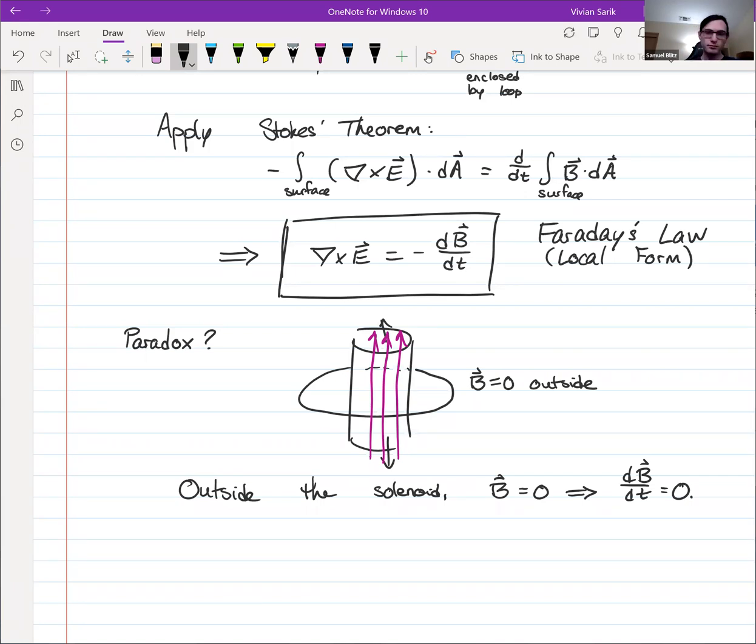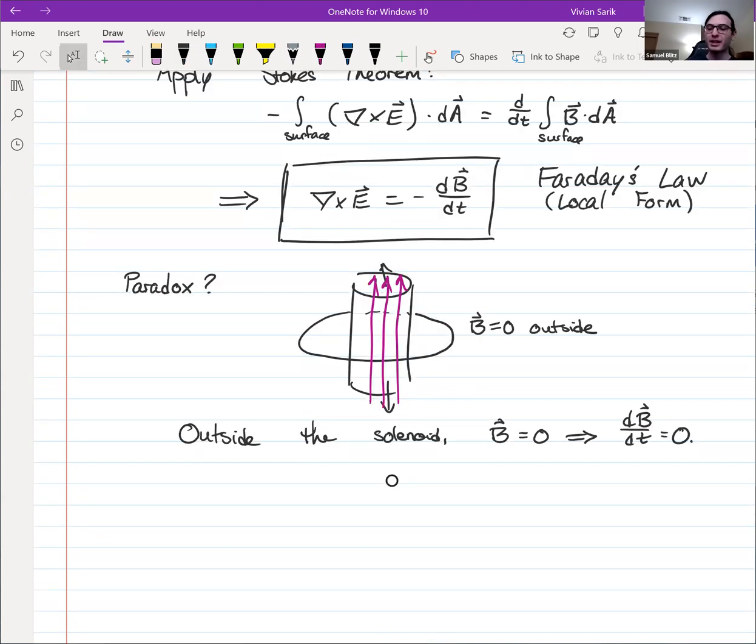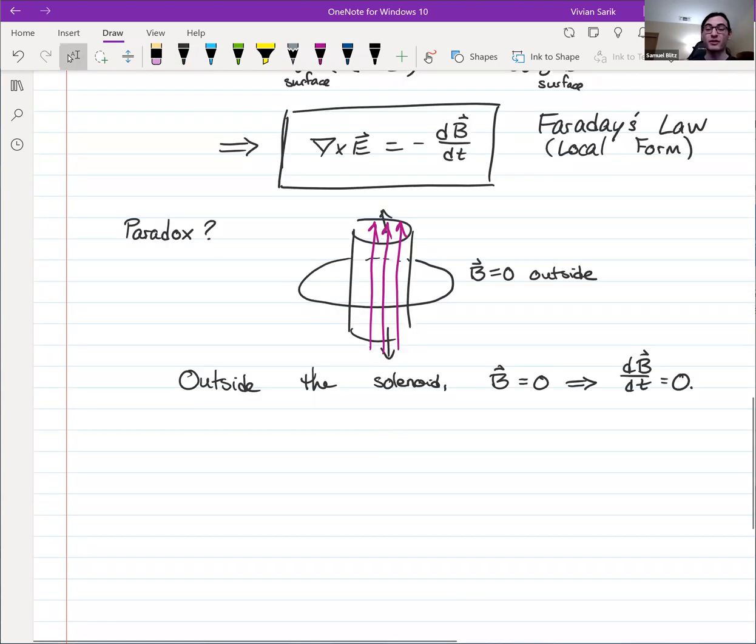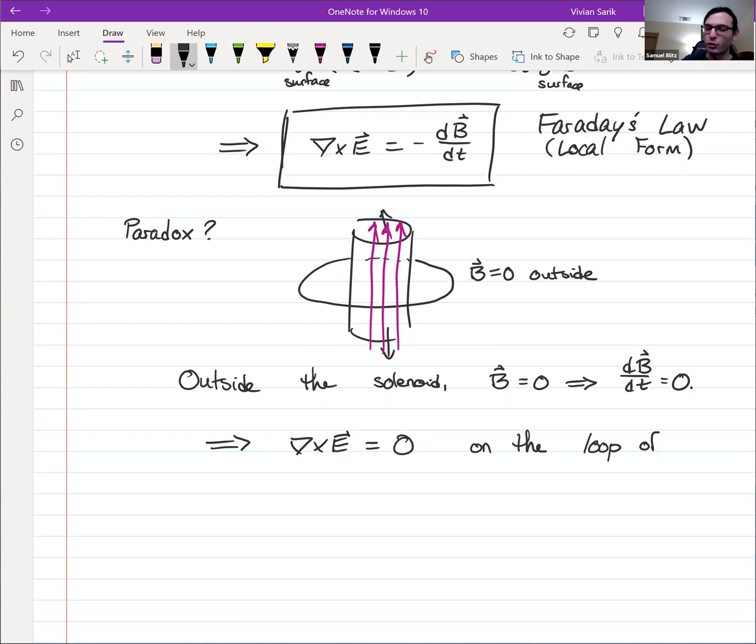But here's where things get funky. The fact that the rate of change of the magnetic field is 0 outside implies that the curl of the electric field equals 0 on the loop of wire.